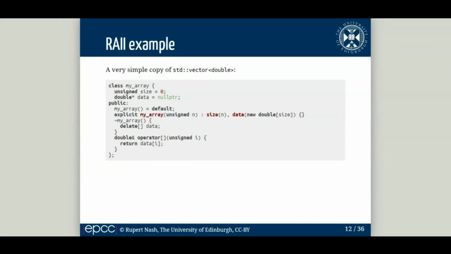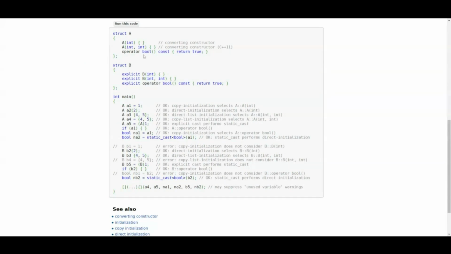With explicit, you tell the compiler that you shouldn't use this constructor in an implicit way. This is what you need to remember. The sample is here. I will copy this website in the chat.